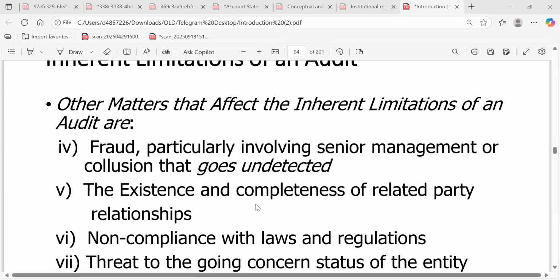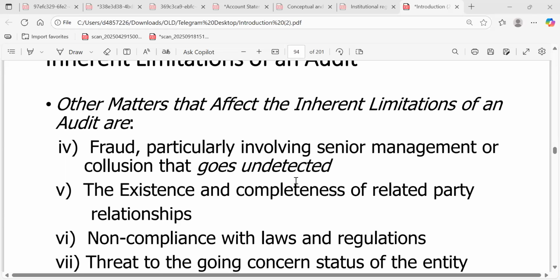And then the existence and completeness of related parties. There's a topic in auditing called related party. There's a whole standard on it. I think ISA 530, something like that. Related parties are people that have close connections with management. So let's say the CEO's wife, the CEO's children, the CEO's brothers and sisters, companies that the CEO owns, some of the companies that he sits on as a director, these are all related parties.